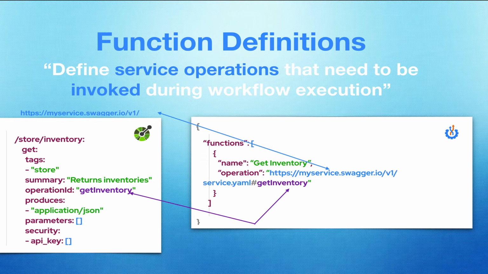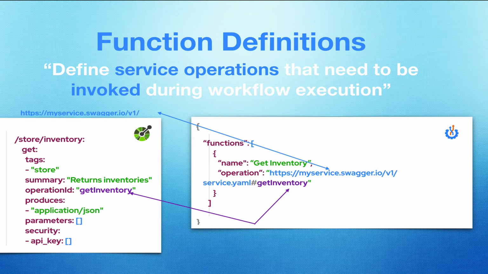Similarly with functions or services that we want to invoke during execution of the workflows. Serverless Workflow utilizes the OpenAPI specification here. On the left-hand side, you can see a simple OpenAPI definition of a service, and particularly one of its possibly many operations that it provides.